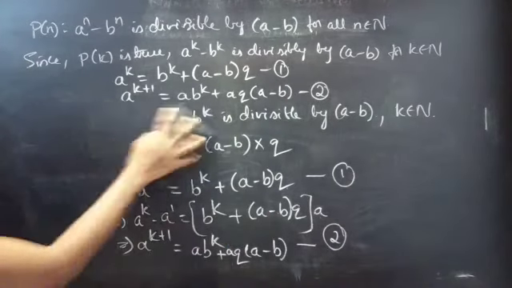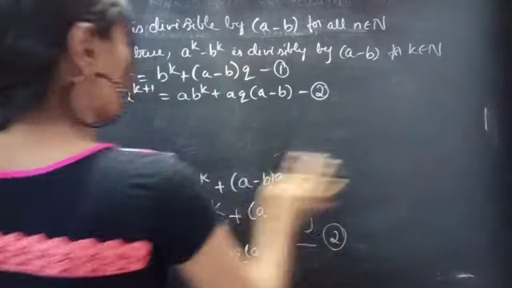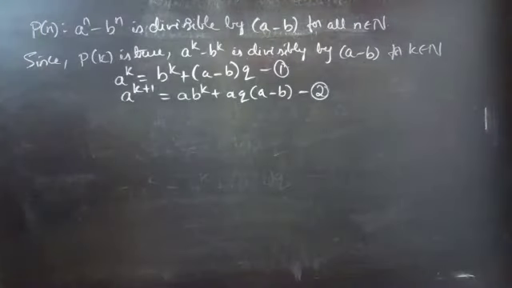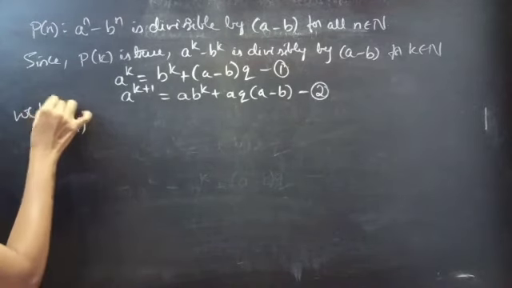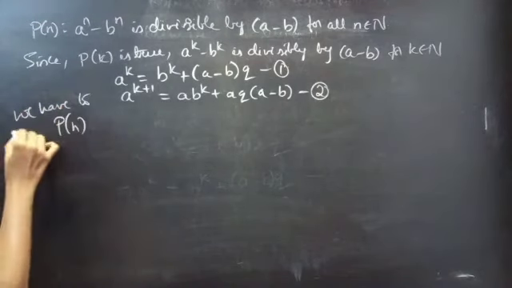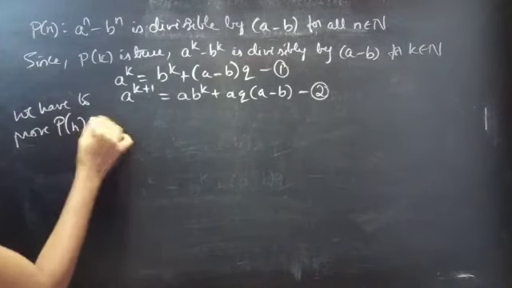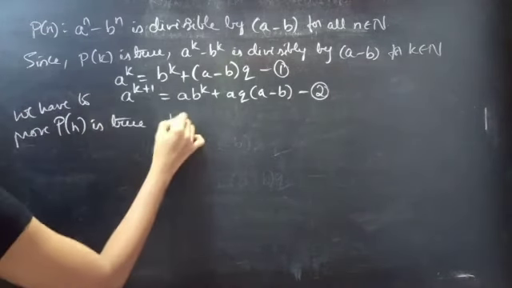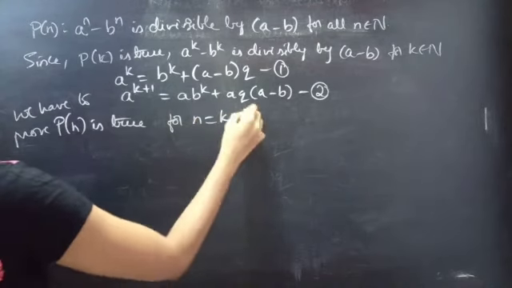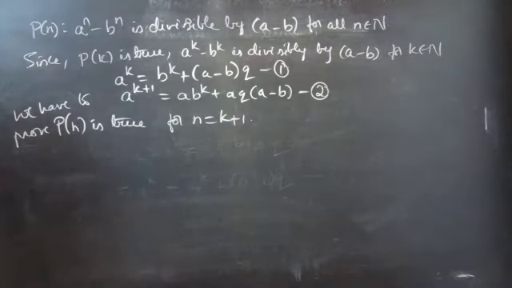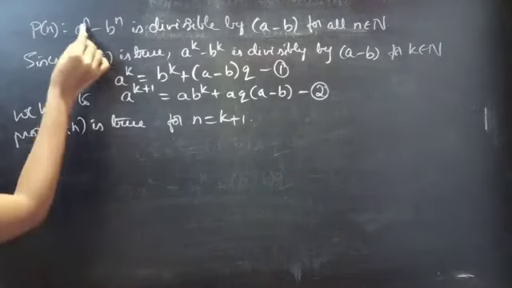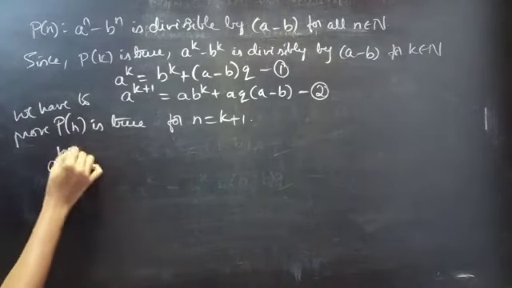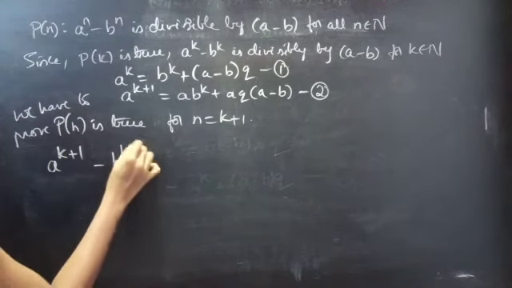Now, we have to prove that P of k plus 1 is true. We have to show, or we have to prove, P of n is true for n equals k plus 1, right? So let's consider P of k plus 1, that is a power k plus 1 minus b power k plus 1, right?